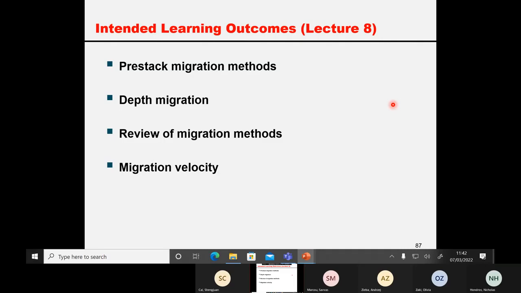Based on this velocity, we use Dix's equation to convert into the layered velocity, and then incorporate the geological information into the model. We generate a velocity model, and then use a Kirchhoff migration in the Prestack to generate the offset dependent image gather.